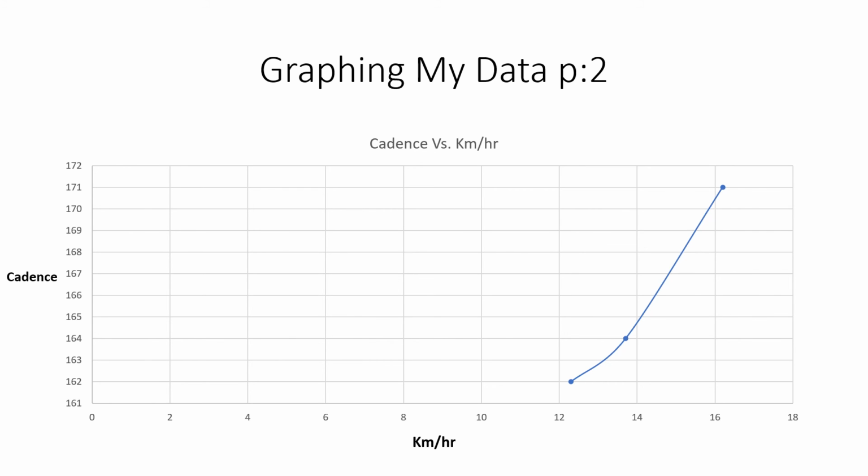If cadence and stride length were on the same graph, you'd see a much lower rate of increase for the cadence. But it still gives you a good idea again of how linear this line is and how evenly the cadence increases as your speed increases. It doesn't jump crazily.